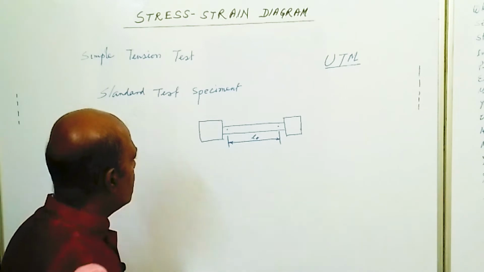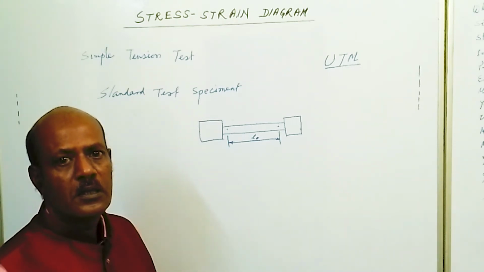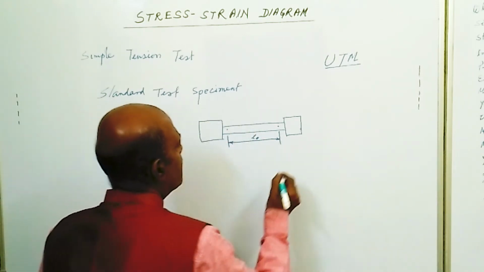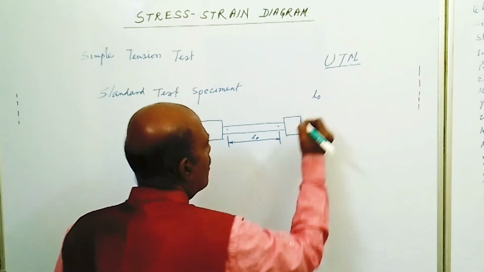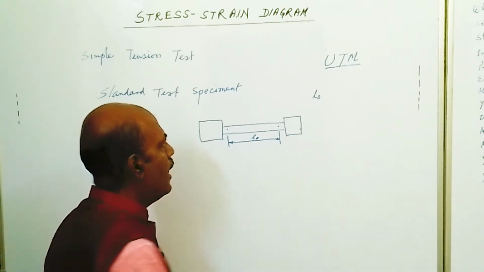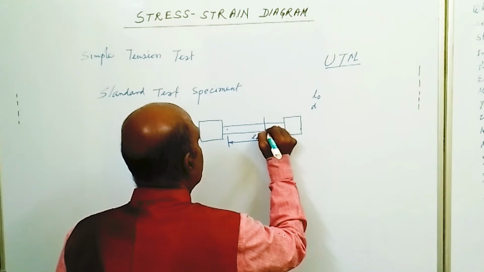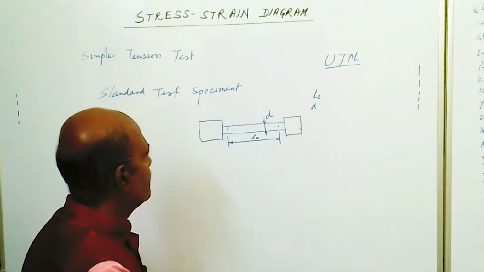So L0 is known as the gauge length over which the test is carried out. Before testing, we measure this length L0, the gauge length, also known as the original length on which the test is carried out, and D is the initial diameter of the specimen.